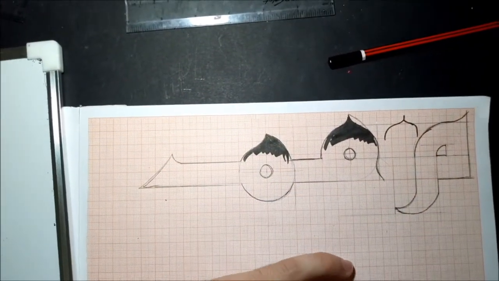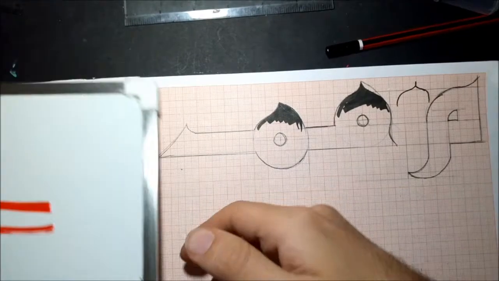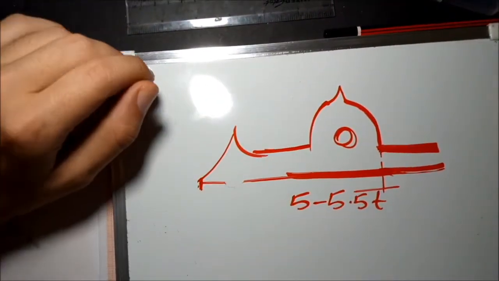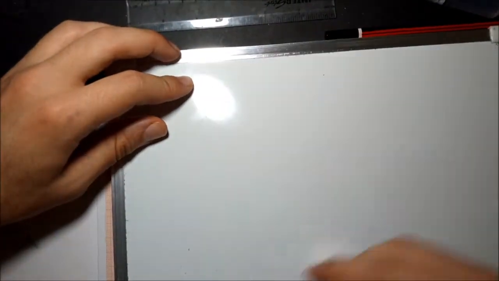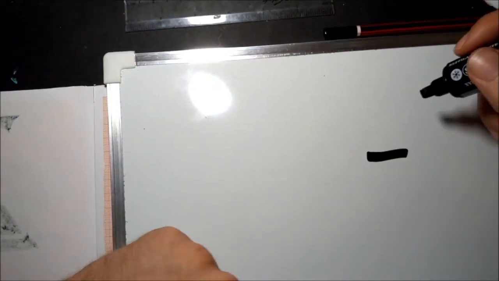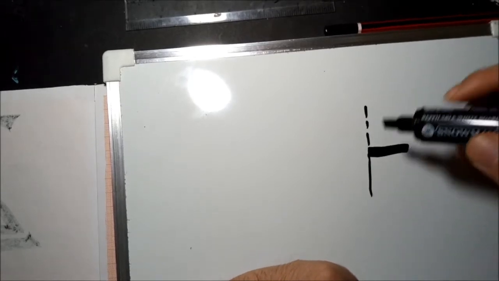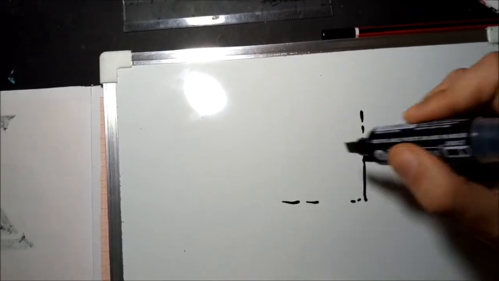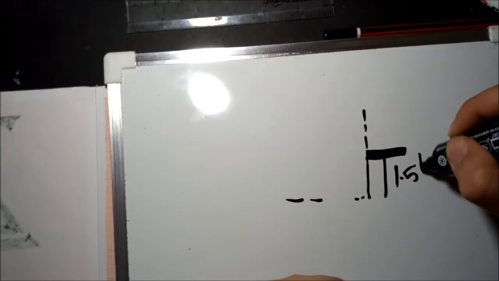Now, for the noon, what we are going to do is the following. Our baseline, we are going to locate a square, drops 1.5 as usual.